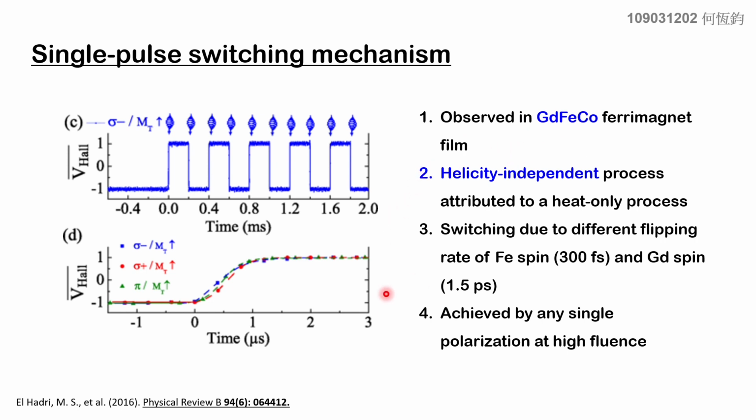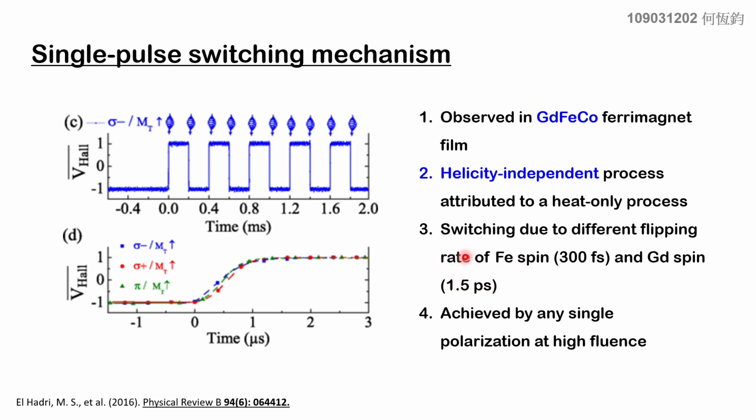So when you shine a single pulse of laser beam on the material, it provides thermal energy for the spins in the iron cobalt sublattices and the spins in the gadolinium sublattices to flip at different rates.